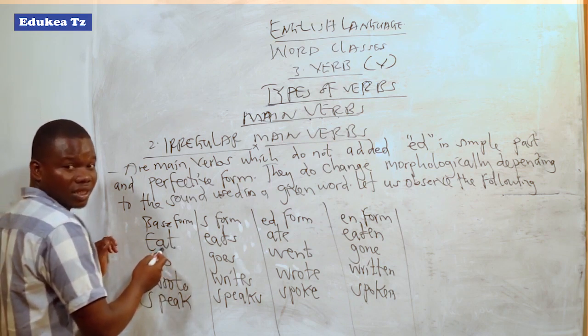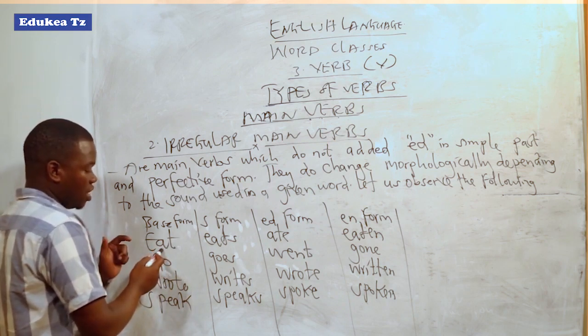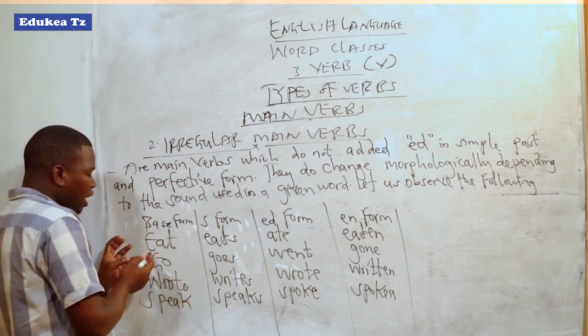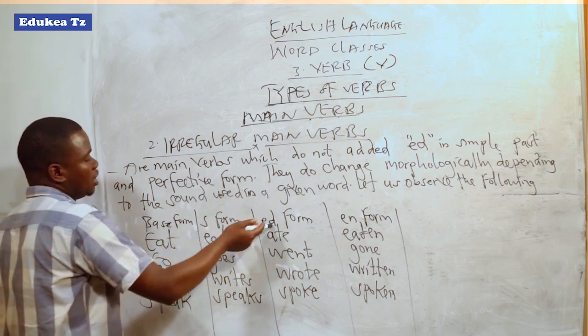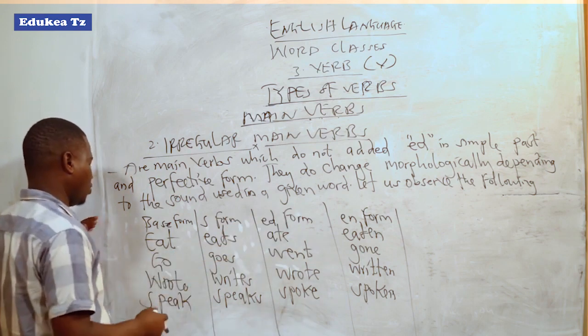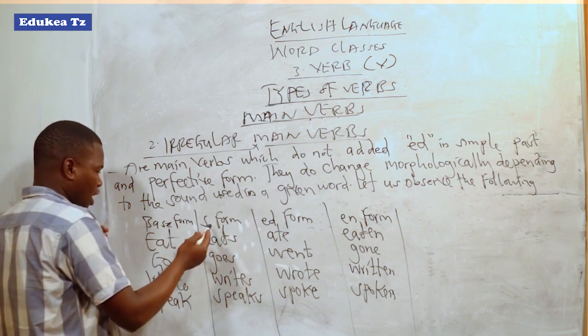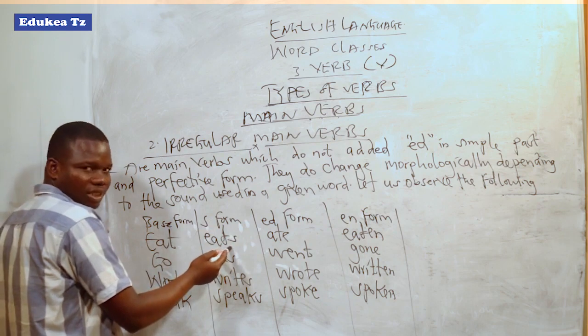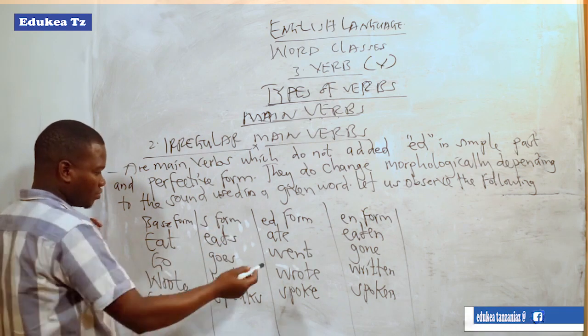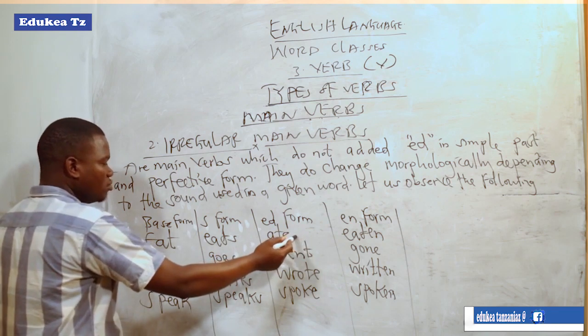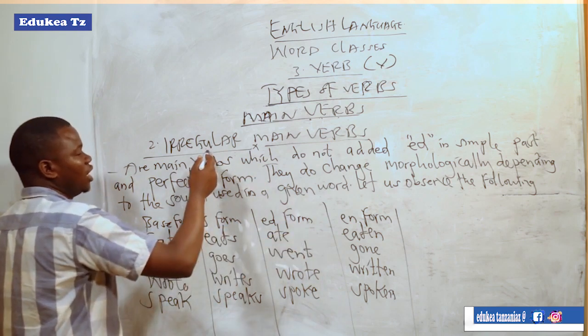So this eat is a word, is a verb. So we may write this into different forms, that is base, S, ed, and en form. So this eat in S form becomes eats. That is to say, we have added s. In ed form, now, this is irregular.